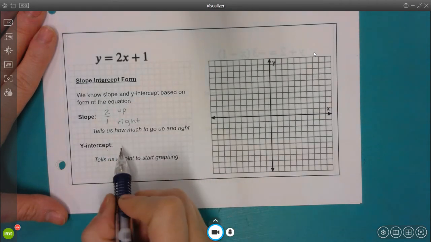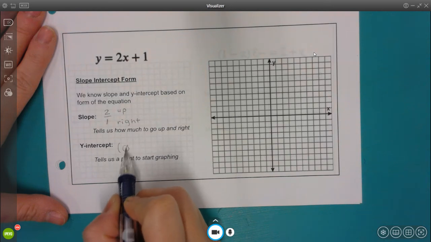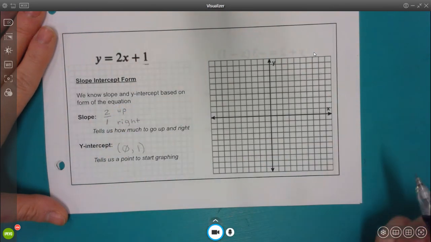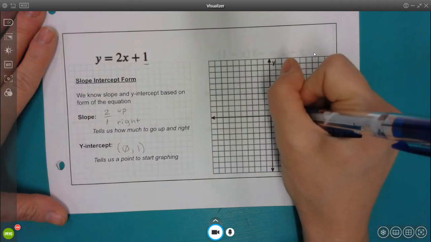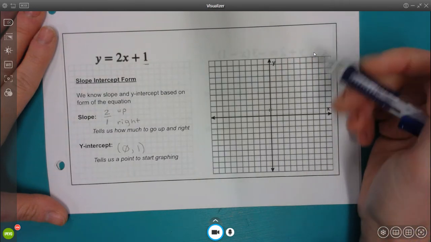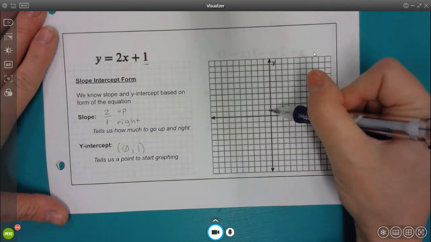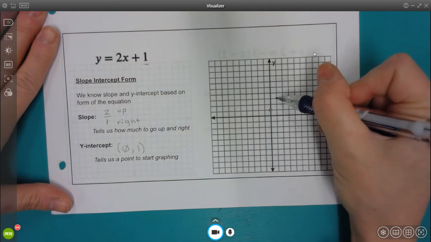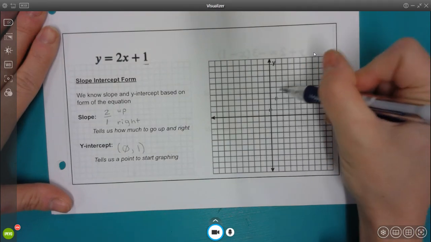And then our y-intercept is the point (0, 1), because I get that from this number here. So I'm going to go to the point (0, 1) on my y-axis, and then I'm going to go up 2 and to the right 1.